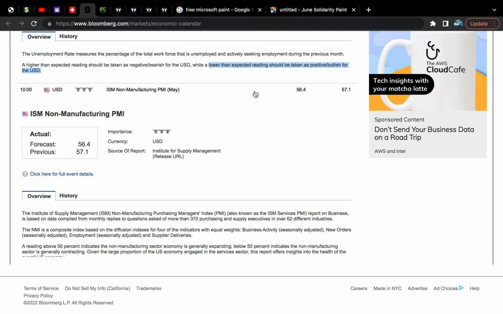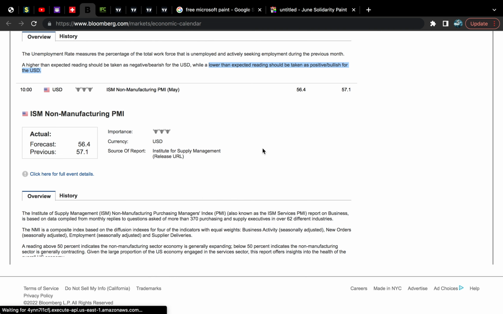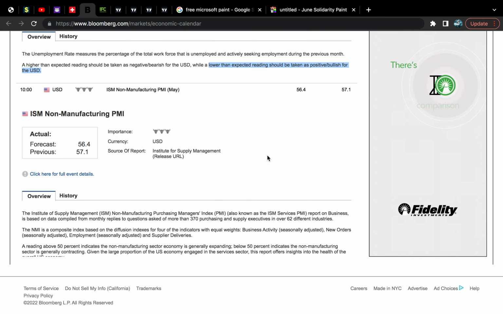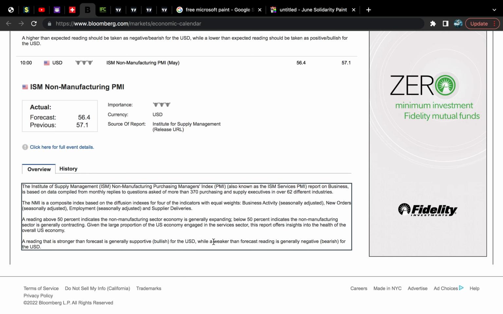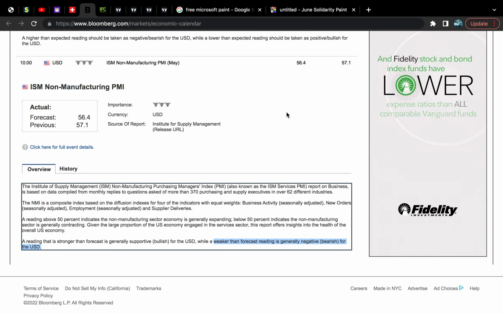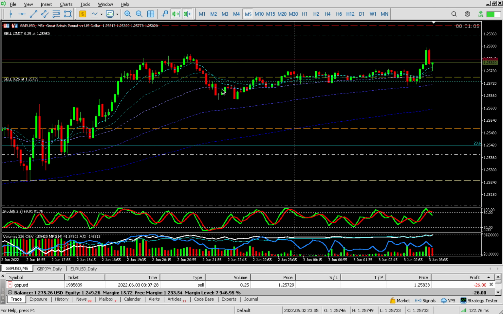But the Institute of Supply Management Non-Manufacturing Purchasing Managers Index, so ISM PMI, is expected lower. Weaker, so that's supposed to be bearish, which would be bullish for the pound dollar.